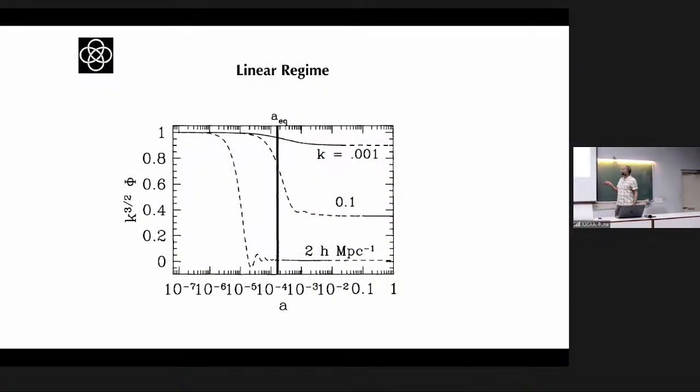So what I was saying was that during radiation domination, the gravitational potential decays. Okay, and as soon as the wavelength enters the Hubble radius, the gravitational potential corresponding to that wavelength decays, while a longer wavelength will stay outside the Hubble radius for a longer time. It will enter during matter domination, and after that it will be more or less constant.